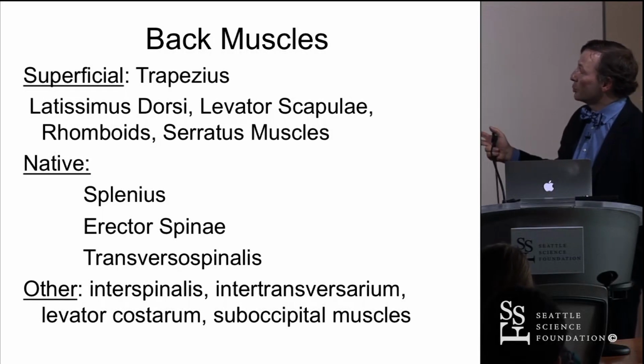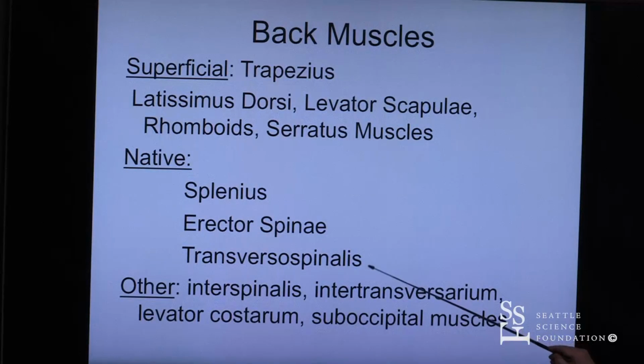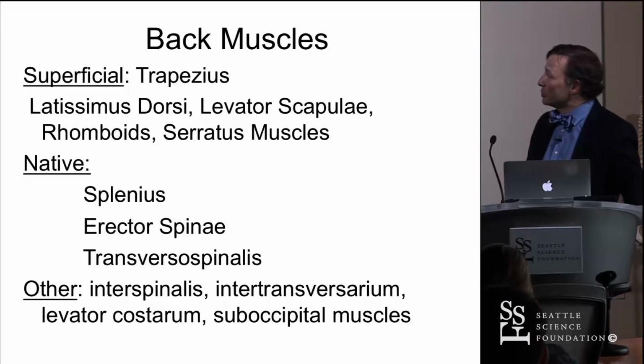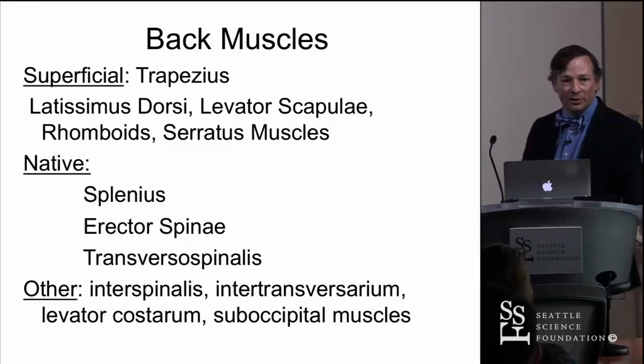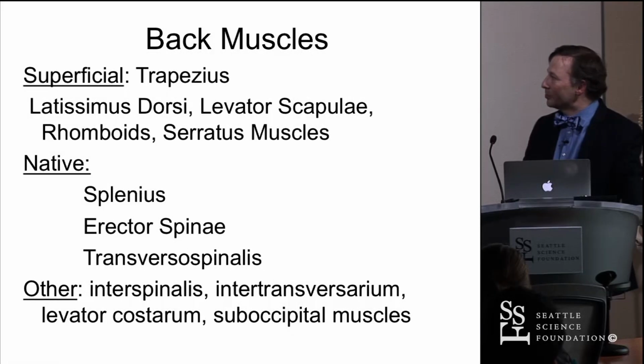When we look at these, we can also separate the transversospinalis muscles. These muscles run from a transverse process to a spine, so they have an out to inside trajectory, and those muscles include the semispinalis muscles, right, to keep that name straight, the multifidus muscles, and the rotatores muscles.